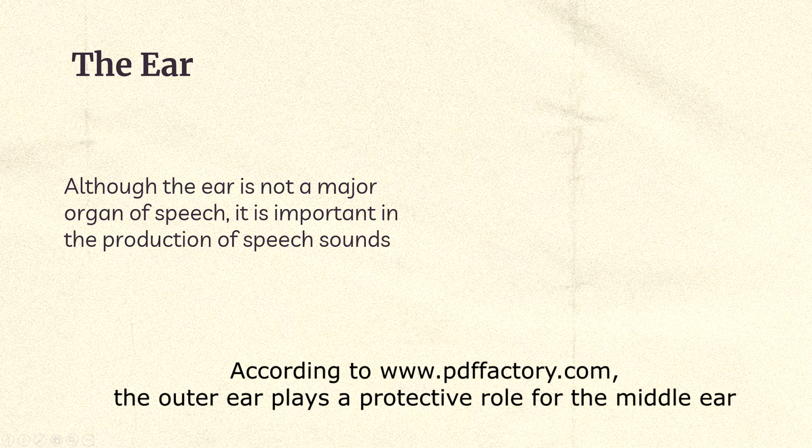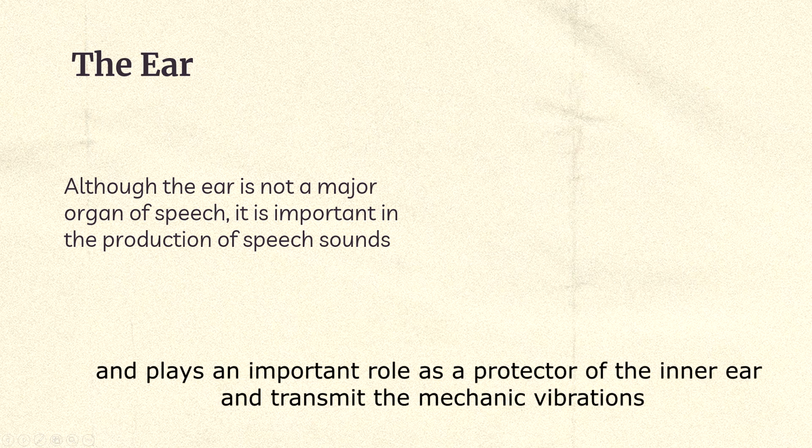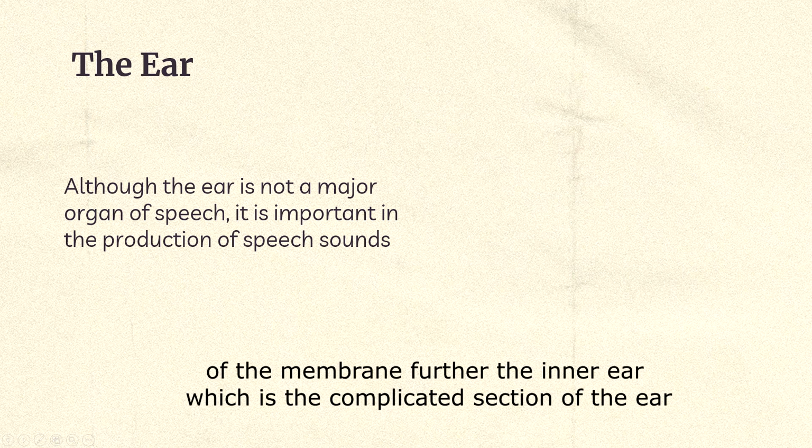According to pdffactory.com, the outer ear plays a protective role for the middle ear and functions as a resonator, while the middle ear is a cavity within the skull and plays an important role as a protector of the inner ear and transmits the mechanical vibration of the membrane further to the inner ear, which is the complicated section of the ear.